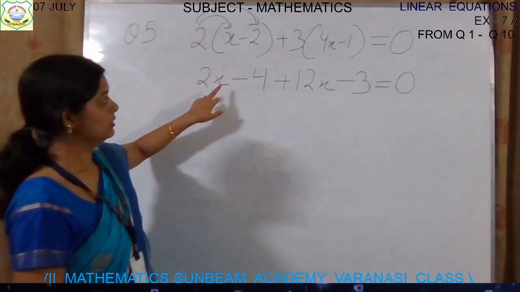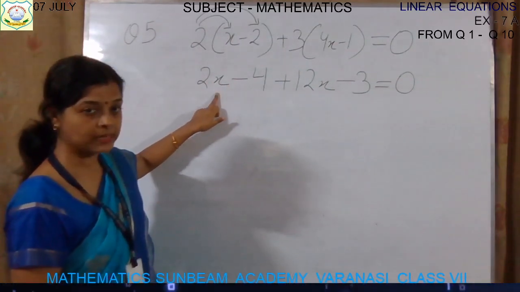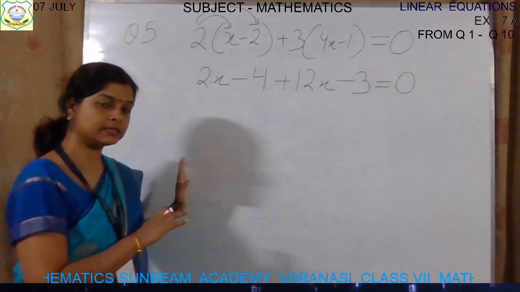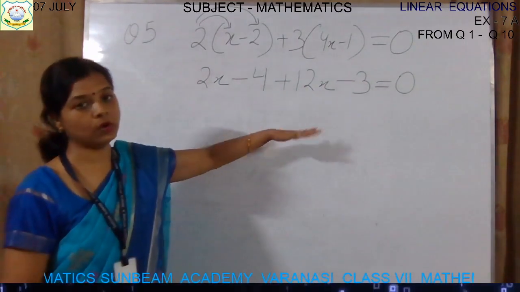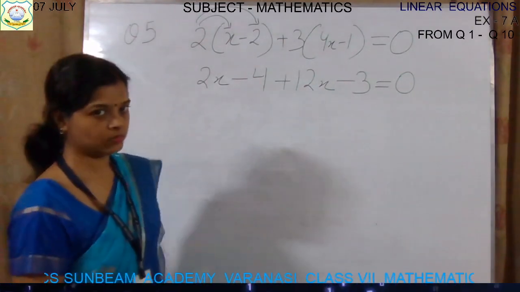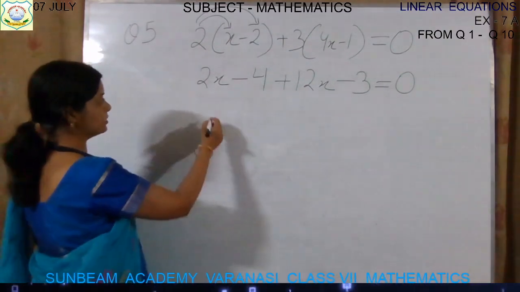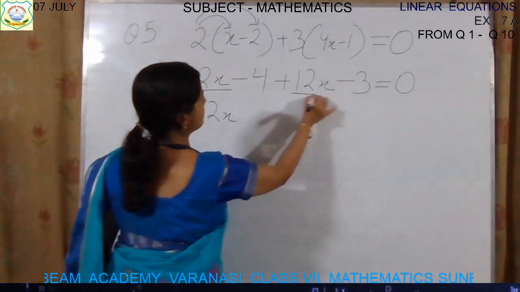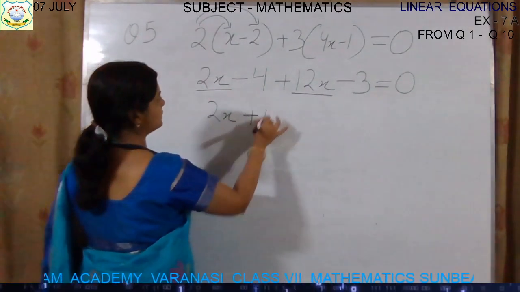So here we will separate the variable term on one side, we will keep it on LHS and we will transpose all the constant terms on RHS, on right hand side. So let's solve it, children. 2x plus 12x. These two are variable terms. So keep it on this side.